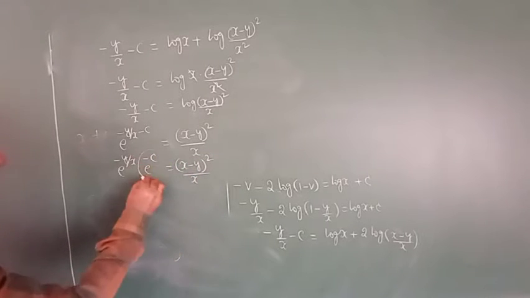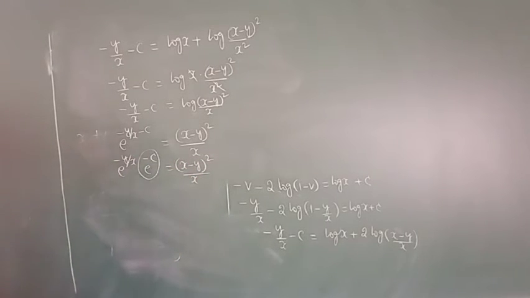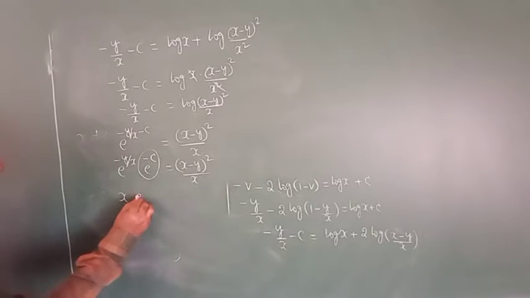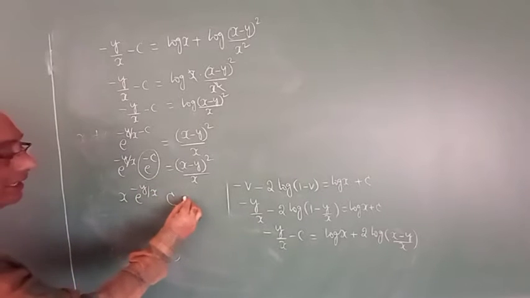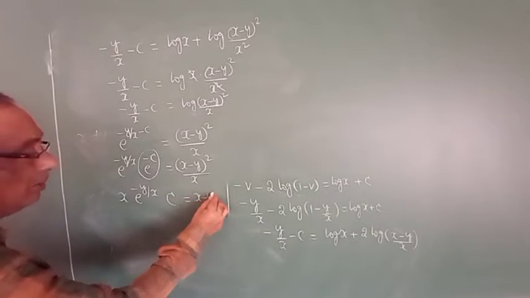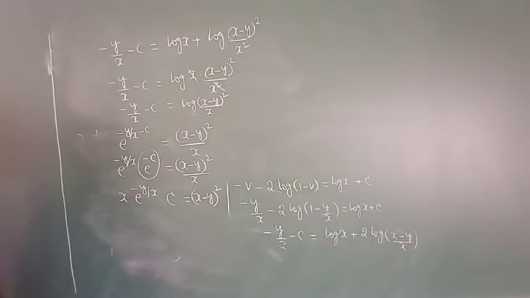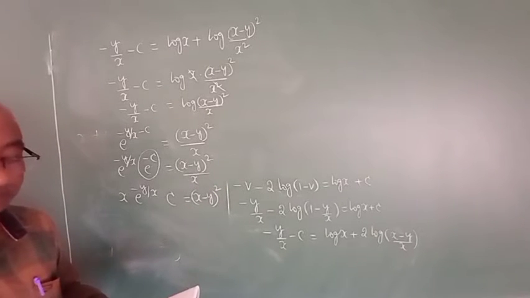Write e power of minus c as a constant C1 or capital C. That is the textbook answer. By cross multiplication, x e power of y by x, minus x, whole square, equals capital C constant. Exactly the textbook answer is the same.